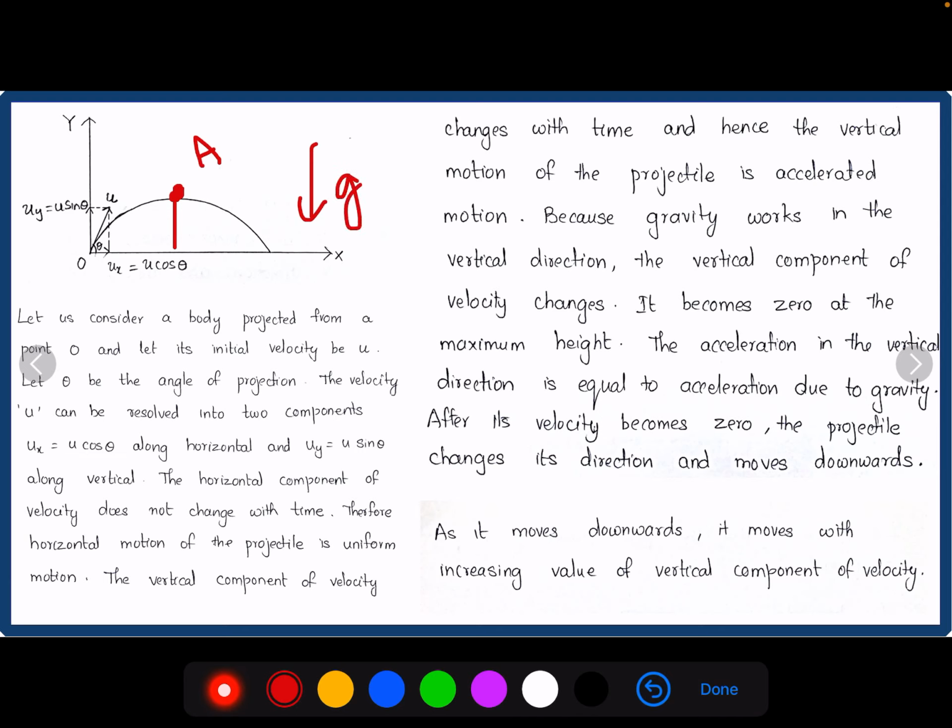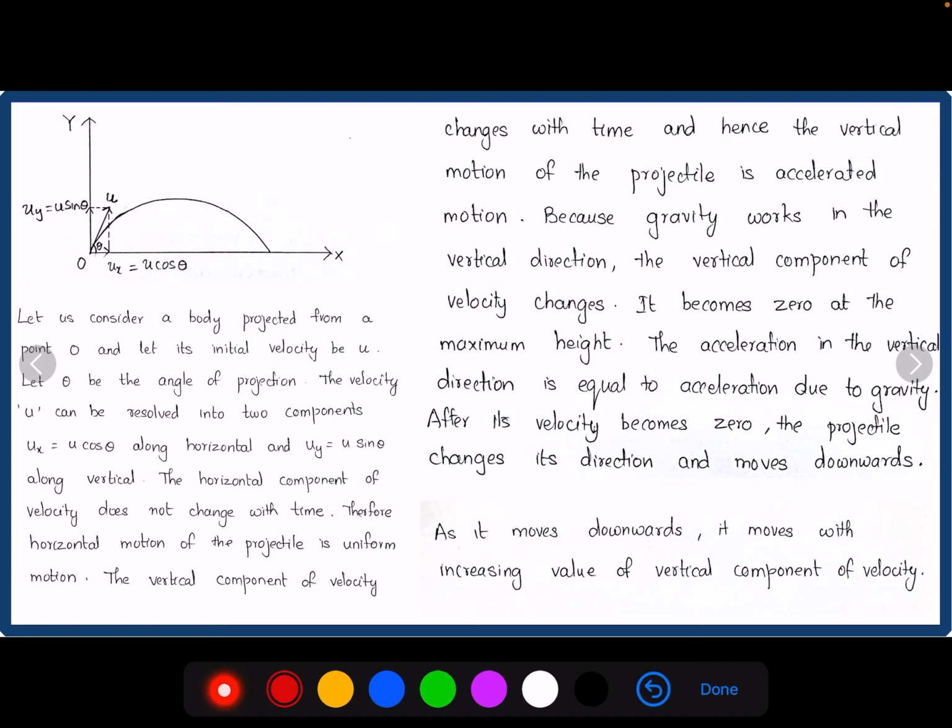After its velocity becomes 0, the projectile changes its direction and moves downwards. What happened at the point A? Its vertical component of velocity, u sin theta, has become 0. Then what will it do? Instead of going up, it starts falling down, because its velocity has become 0 at that particular point.